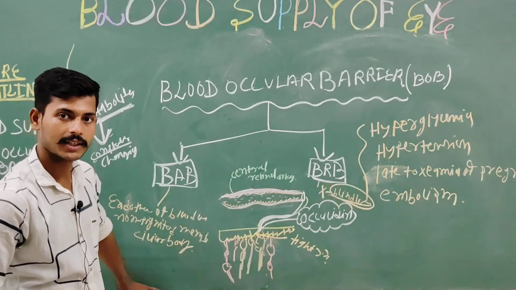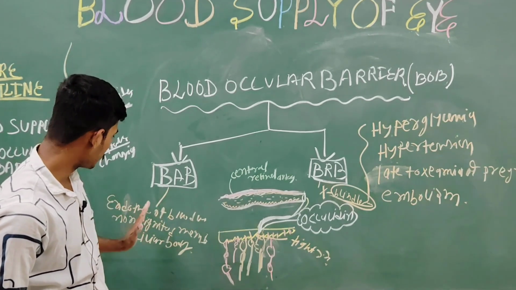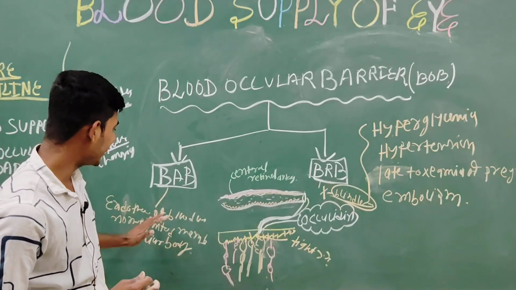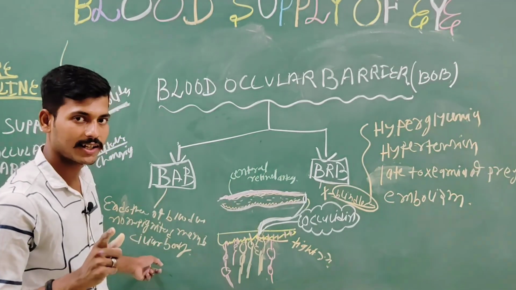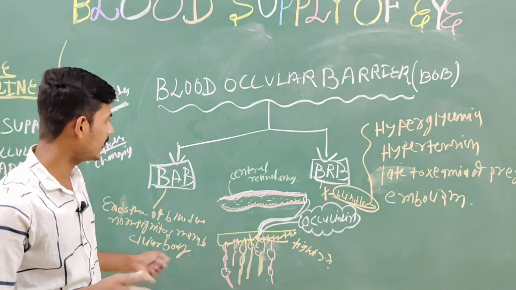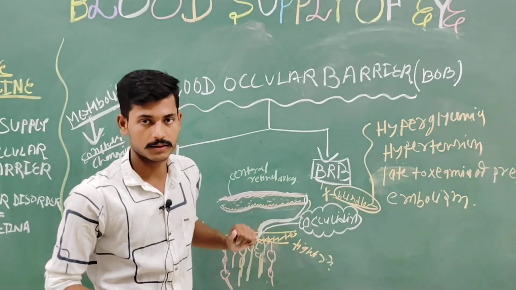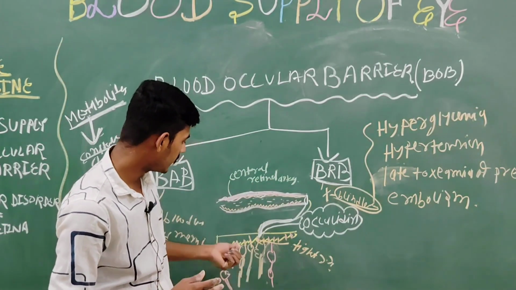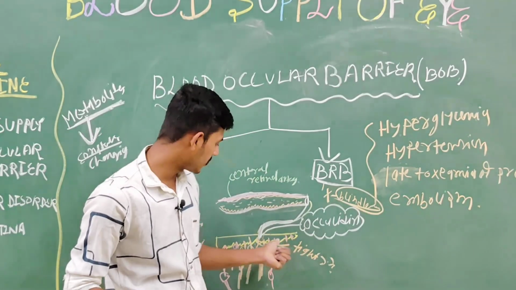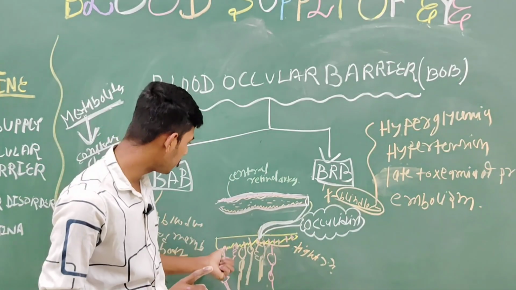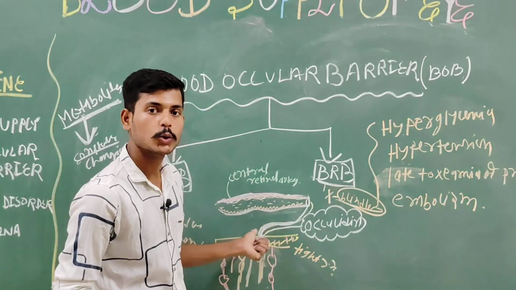So this is basically a barrier formed by the endothelium of the blood vessel and the non-pigmented membrane of the ciliary body. Now the important one is the blood-retinal barrier. The blood-retinal barrier is formed between the pigmented epithelial layer of the retina and the central retinal artery endothelium.